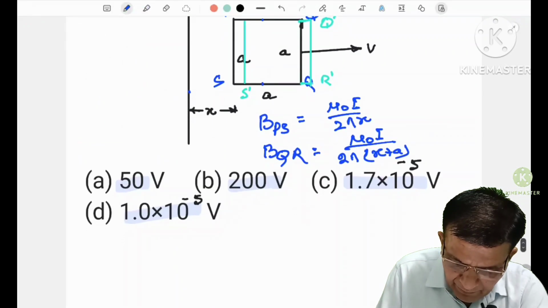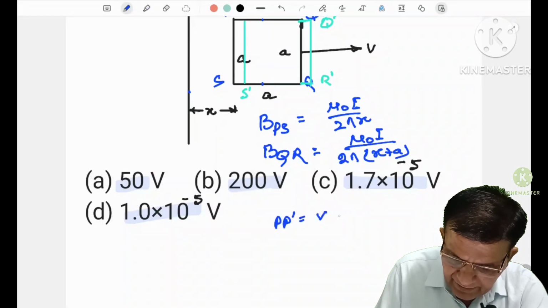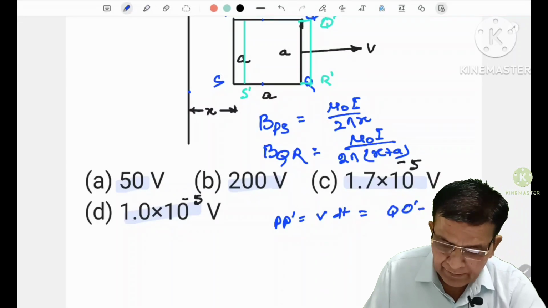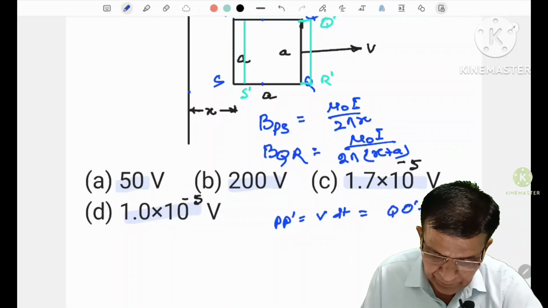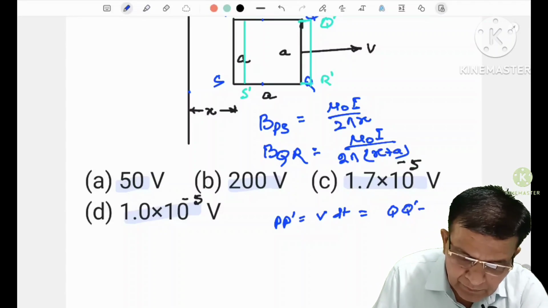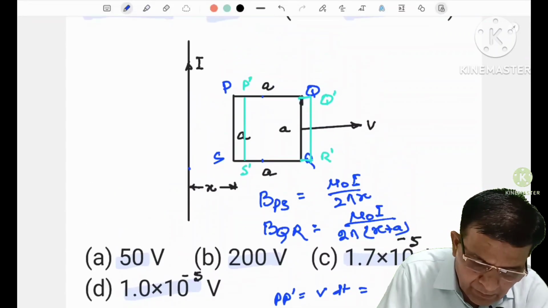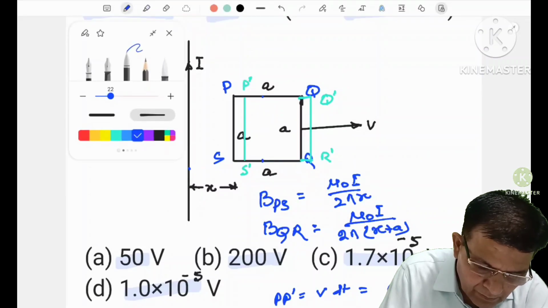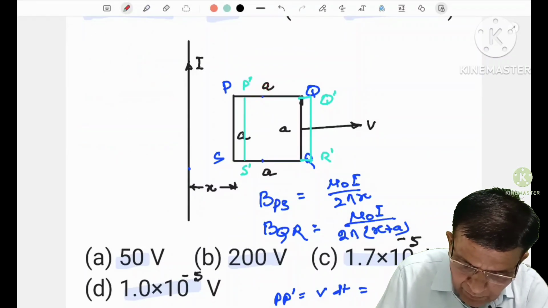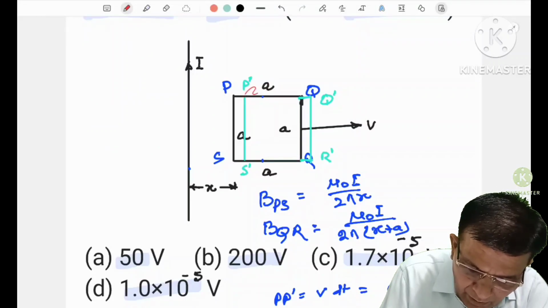So PP dash will be V dt, equal to QQ dash. PP dash is very small.